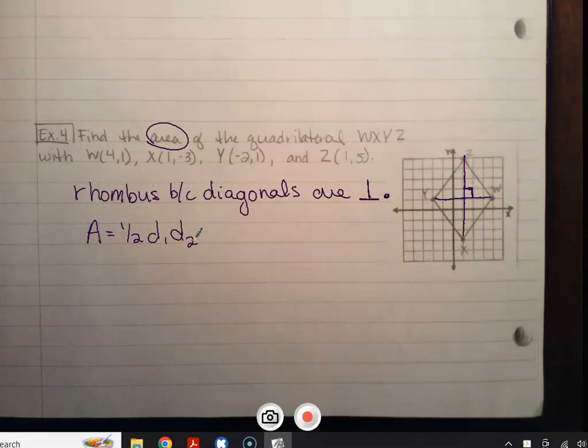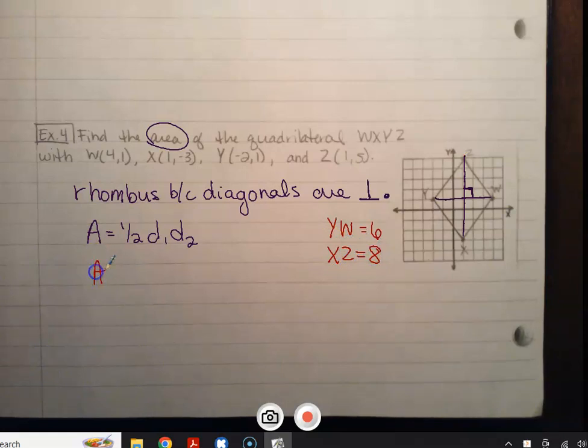Okay, because then we can count our diagonals. So this diagonal WY is 1, 2, 3, 4, 5, 6. So we can put YW equals 6. And if we do XZ, it's 1, 2, 3, 4, 5, 6, 7, 8. So XZ has a length of 8 for the diagonal.